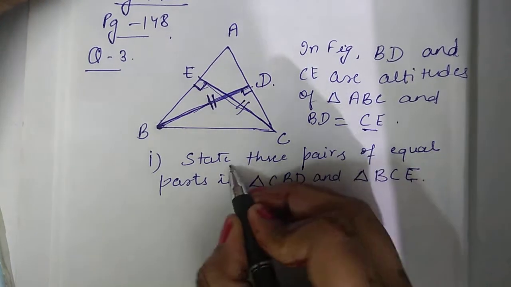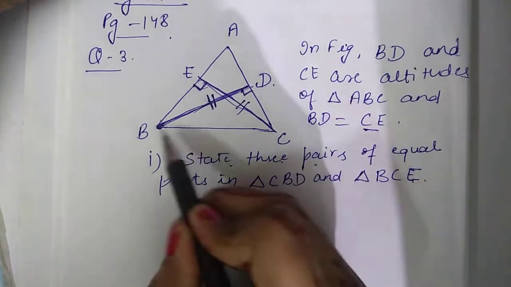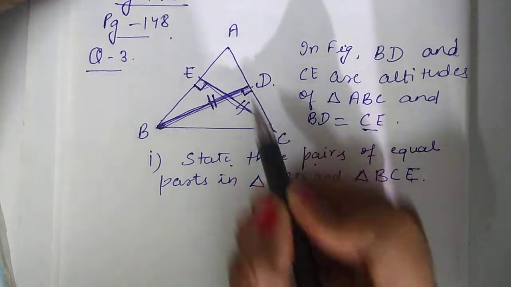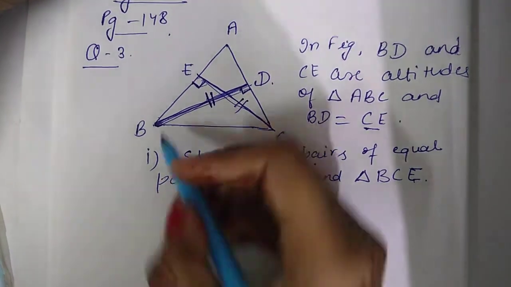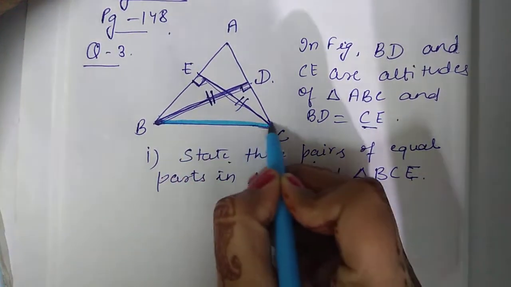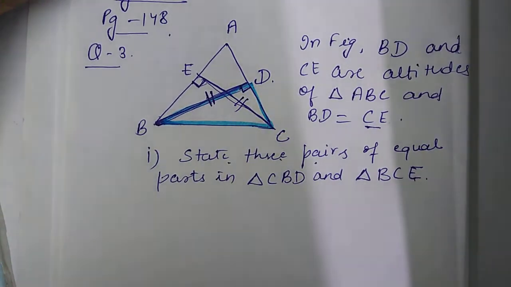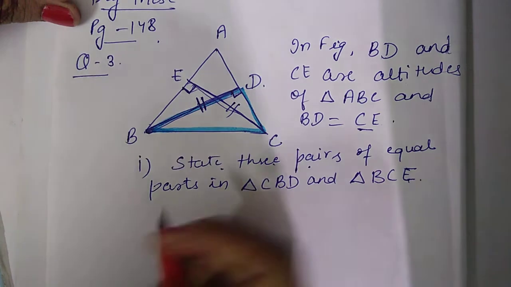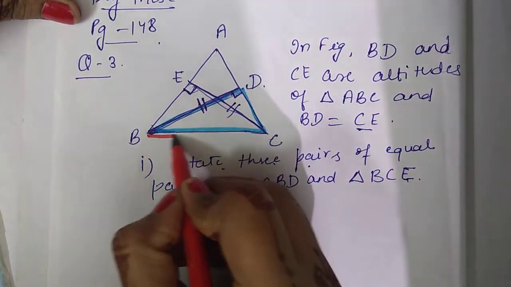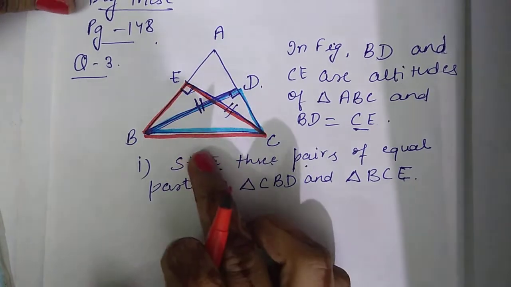First part is, state three pairs of equal parts in triangle CBD and triangle BCE. These two triangles are given.